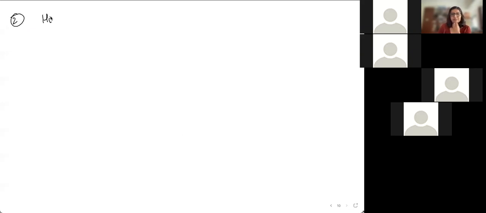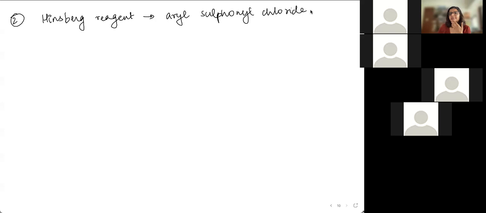Second test. This is called Hinsberg reagent. Chemically, it's an aryl sulfonyl chloride. From the name you can figure out the structure. Aryl means you have a benzene ring.